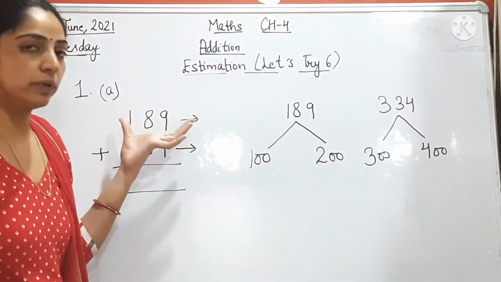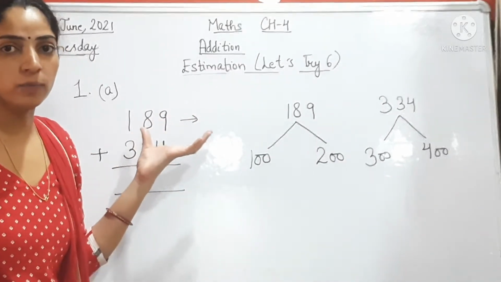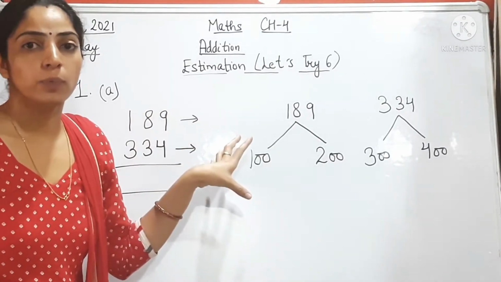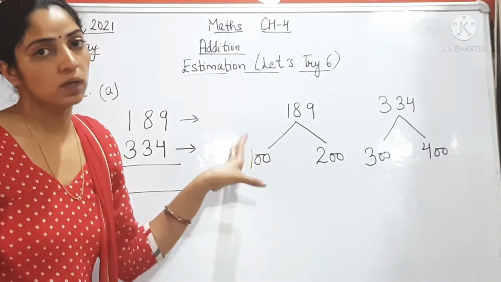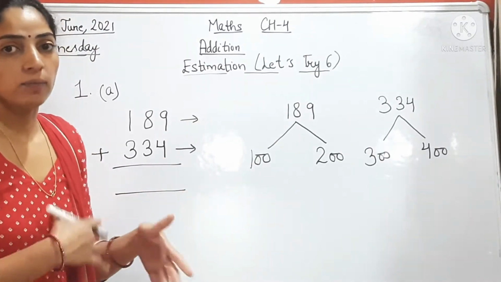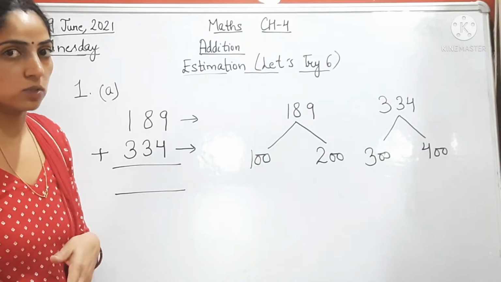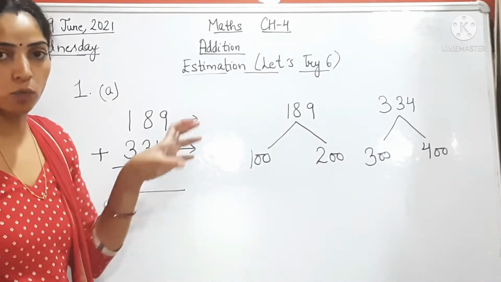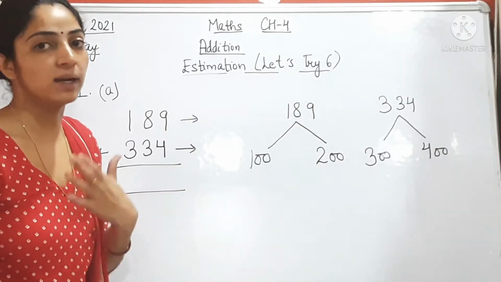First of all, we have to approximate the given numbers to the nearest 100. Then we have to add those rounded numbers.